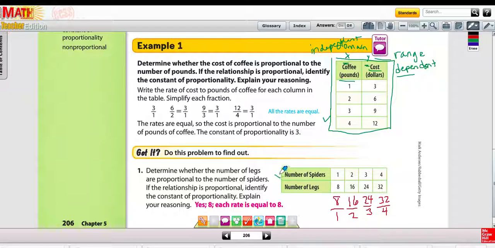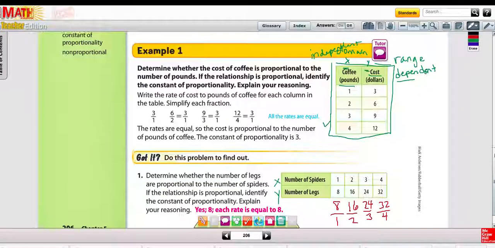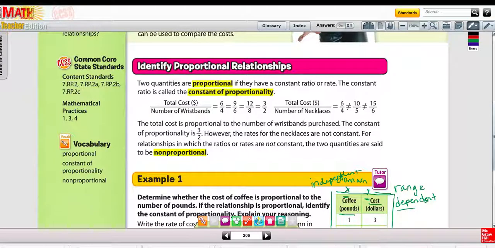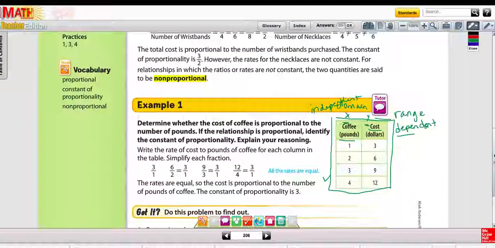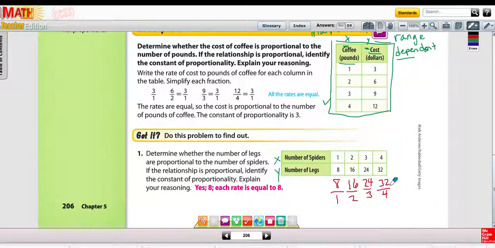So we have the number of spiders as our X, and the number of legs as Y. We can find the constant of proportionality by taking the Y value divided by the X and seeing if we get the same number throughout all the data points.